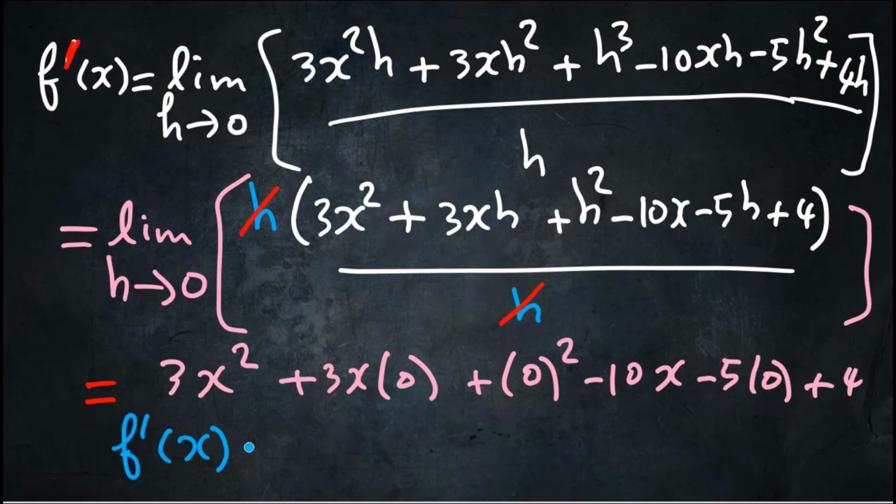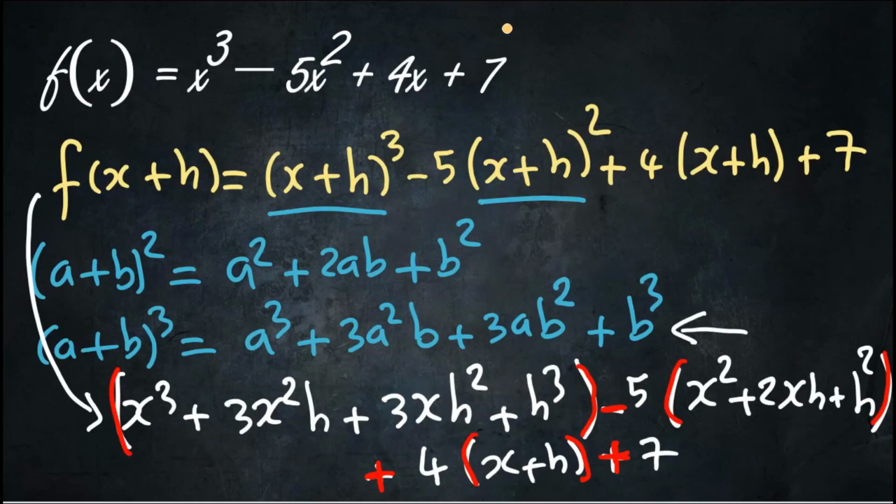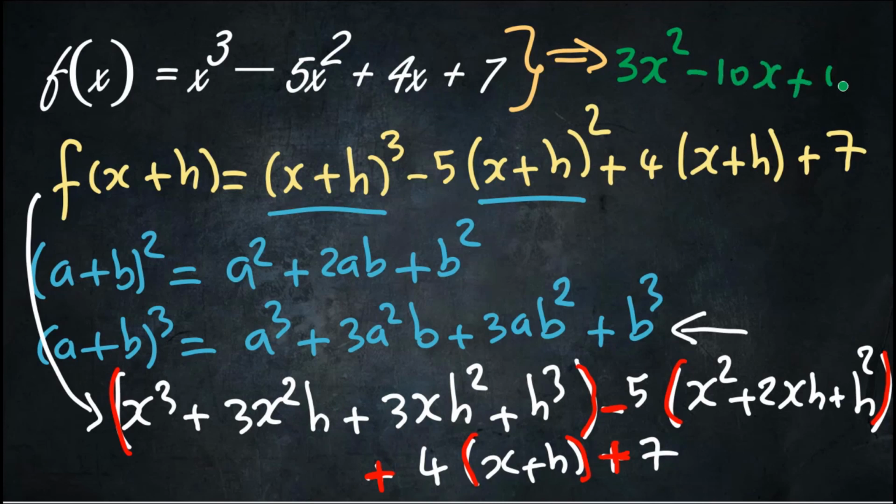And so the derivative of f of x is 3x squared, this is 0, this is 0, minus 10x, this is 0, plus 4. So this function, x cubed minus 5x squared plus 4x plus 7, has a derivative which turns out to be 3x squared minus 10x plus 4, and that's f prime of x.